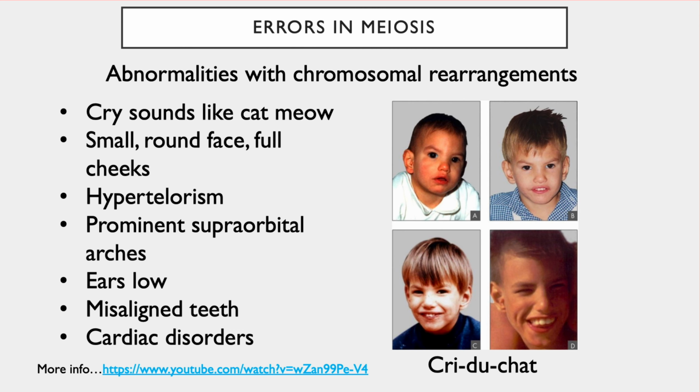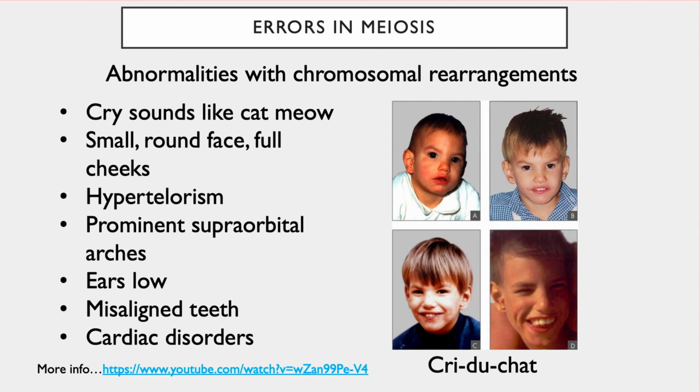Individuals that have offspring that get chromosome number 5 that has had a portion of it removed and swapped with number 11 could potentially lose portions of chromosome number 5. Another way is a deletion of portions of chromosome number 5, which was not one of the types of rearrangements we had originally discussed, but it is a possibility. This particular disorder is called Cri-du-Chat.